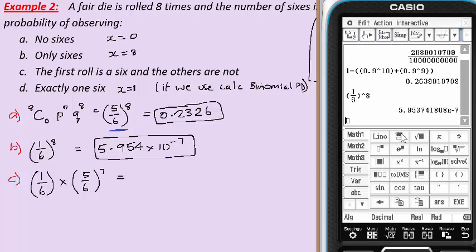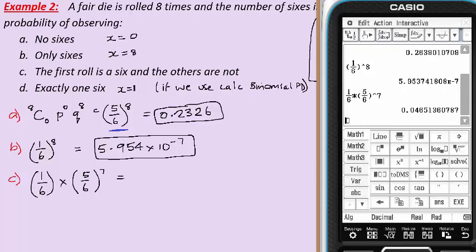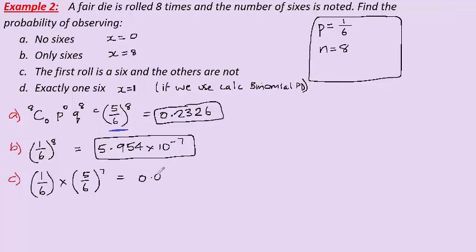So 1/6 times 5/6 all to the power of 7, with the bracket outside, and I get 0.0465. And there's my answer for that one.